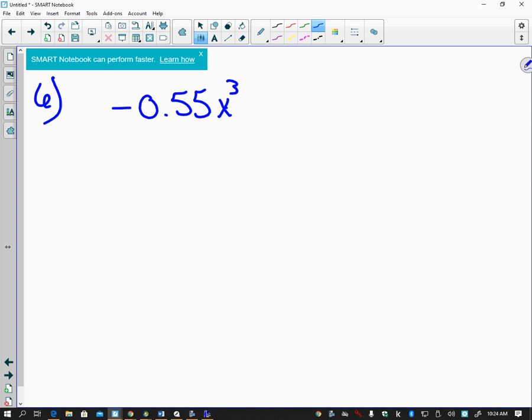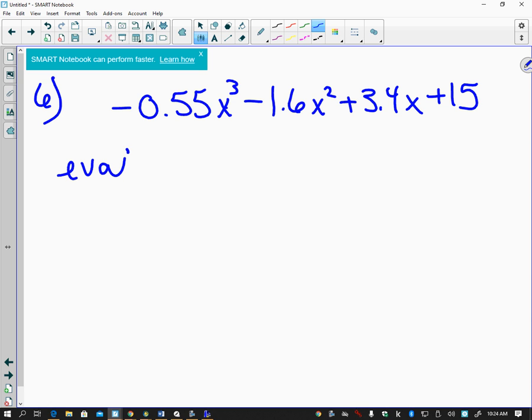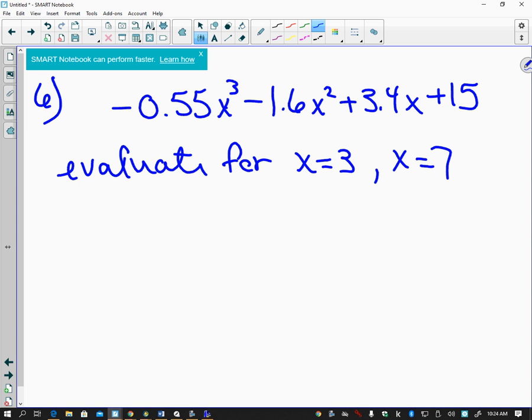Oh, minus 1.6x squared plus 3.4x plus 15. Something along those lines. Okay, and they want, let's evaluate for x equals 3 and x equals 7.